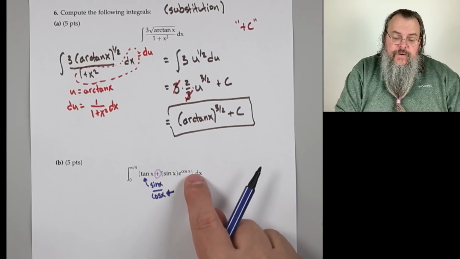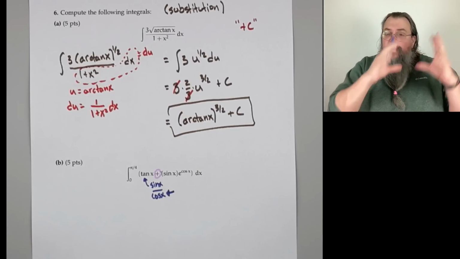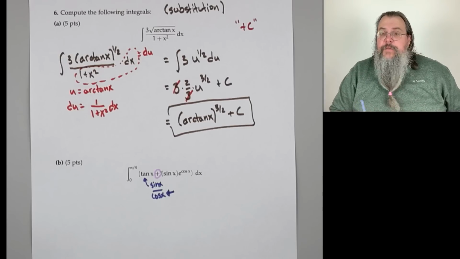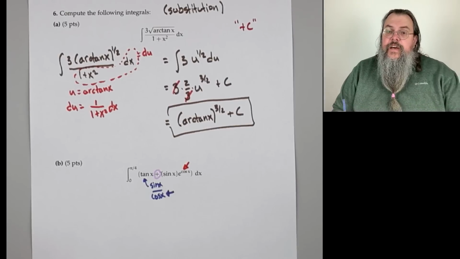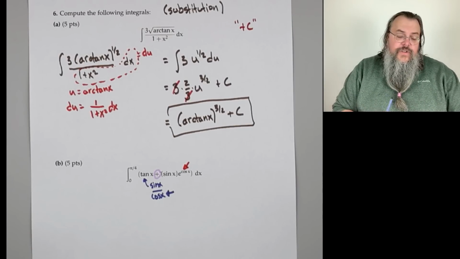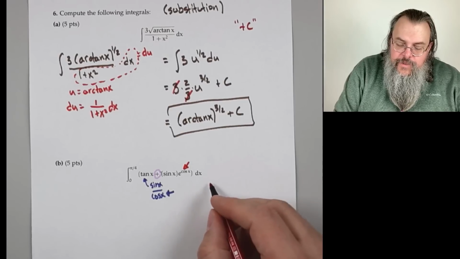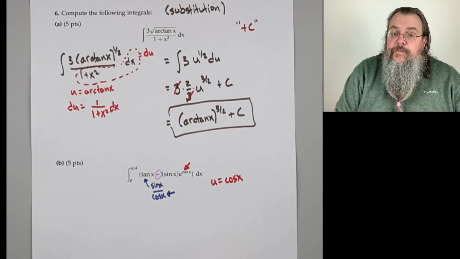Now, if you come to this part right here, you see how we have that e to the power cosine x, e to the cosine x? Well, what does that mean? Well, that says our cosine x is our inside function. And so we say, oh, in both cases, we should be thinking of letting u be cosine x.